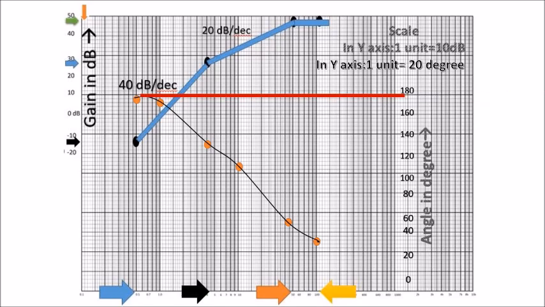From the intersection point of the horizontal line and the phase plot, I have taken a vertical line which will intersect the x-axis or frequency axis. The intersection point is nothing but 0.5. This is the omega pc or phase crossover frequency.